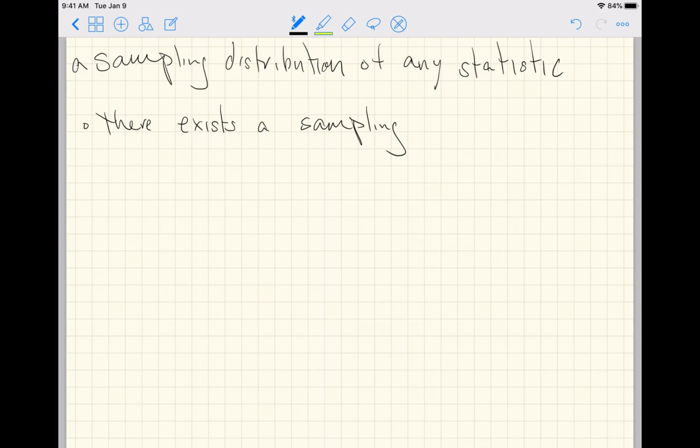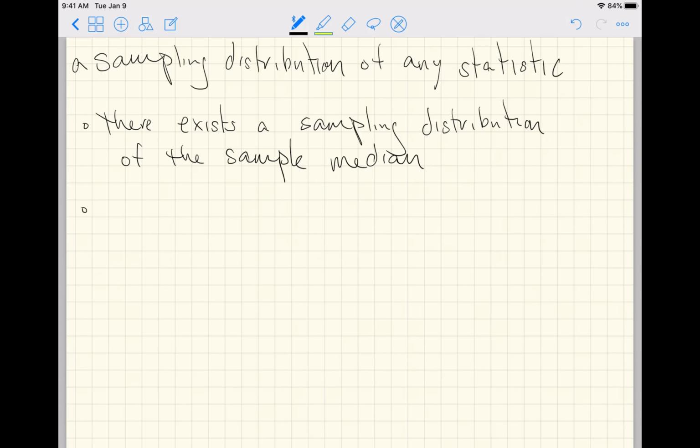If you and, let's say, capital R of your friends went out and each took your own sample from some population, and you each calculated your own median, and then as a collection of medians, many medians, you looked at the shape of those many medians, that would be a sampling distribution for the sample median.